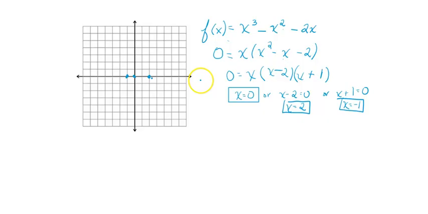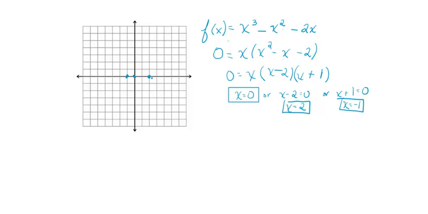And if you think about it, it's going to change directions between the dots. So between the negative 1 and 0, it's going to switch directions. And between the 0 and positive 2, it's going to switch directions. In other words, it's going to have a maximum or minimum between the first two and a maximum or minimum between the second two.